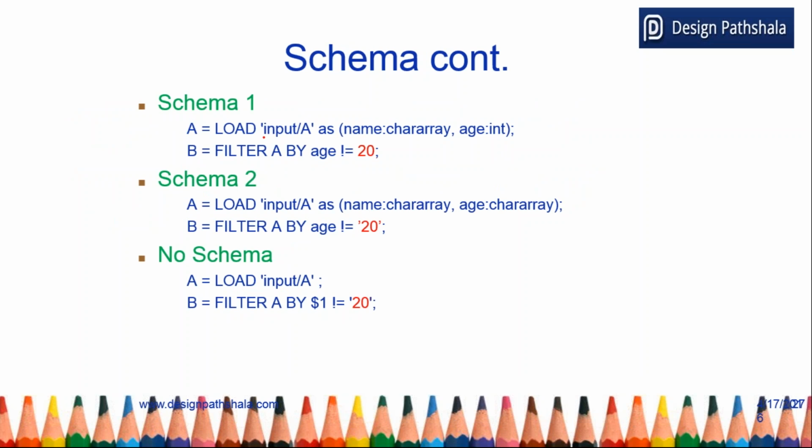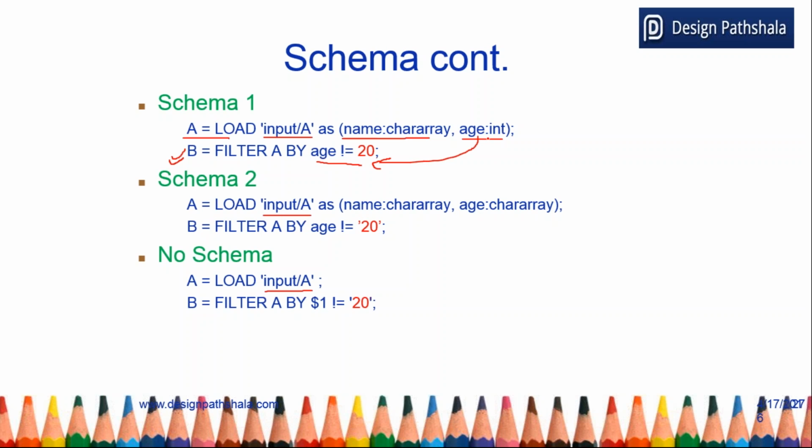I have loaded the same sample data in three different ways. At the first stage, I have explicitly defined name as chararray and age as int from the file, and I am able to filter my data set: filter A by age not equals to 20, which filters my data set where age is not equal to 20.